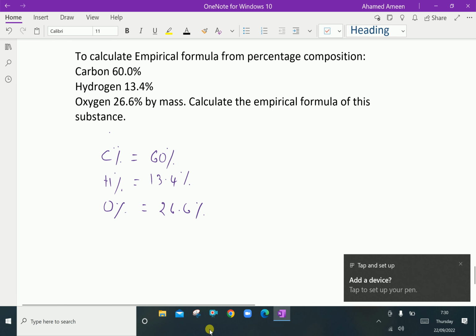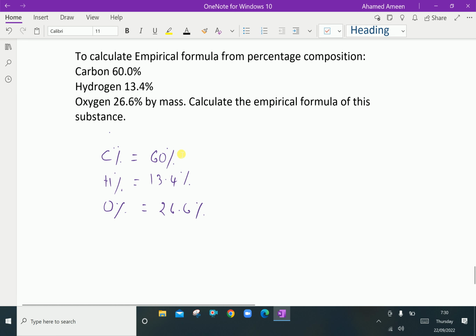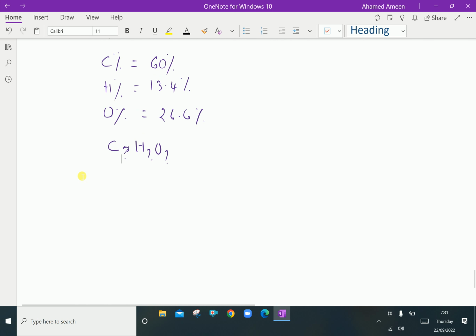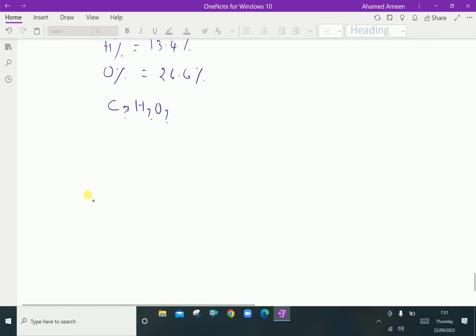Now we have to calculate the empirical formula: C is how much, H is how much, and O is how much. That is our aim. First we will do carbon.